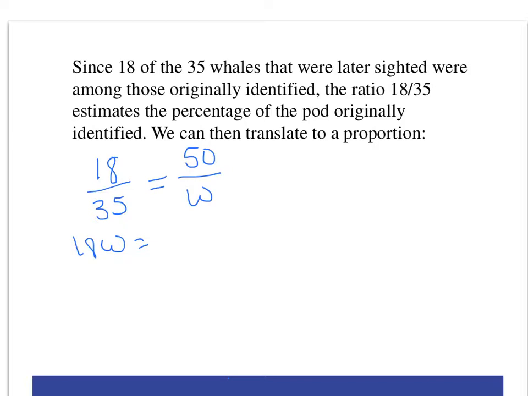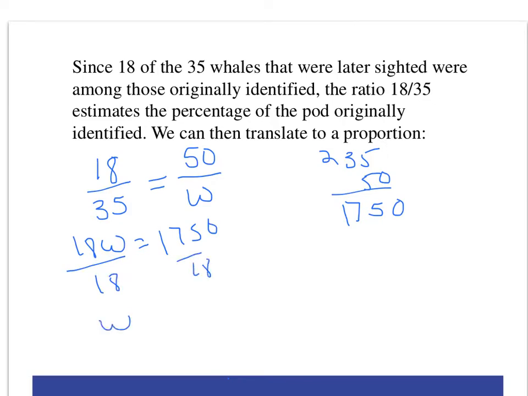So let's see, 35 times 5 gives me 175, and that was really times 50, so we've got to add a 0. Equals 1750. We're going to divide by 18. So W equals around 97.